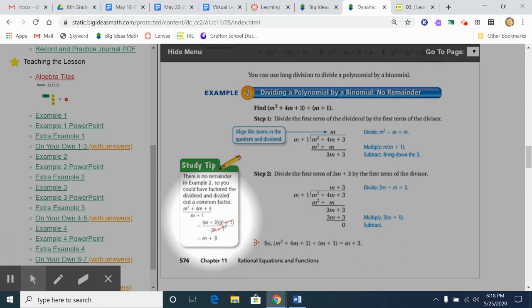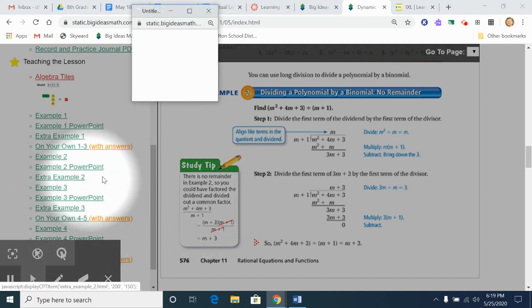Since we're dividing by m plus 1, we could have just canceled those out to get our answer. That's something we could do in example 2, but that's not always going to be a possibility. So if you want to try that first and see if it works, go ahead, because you can get the answer a lot faster than what I just showed. But again, not always will that work. All right, so extra example 2.